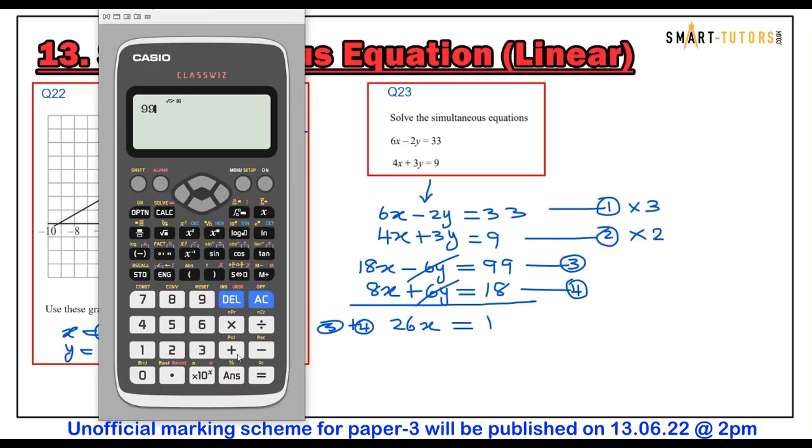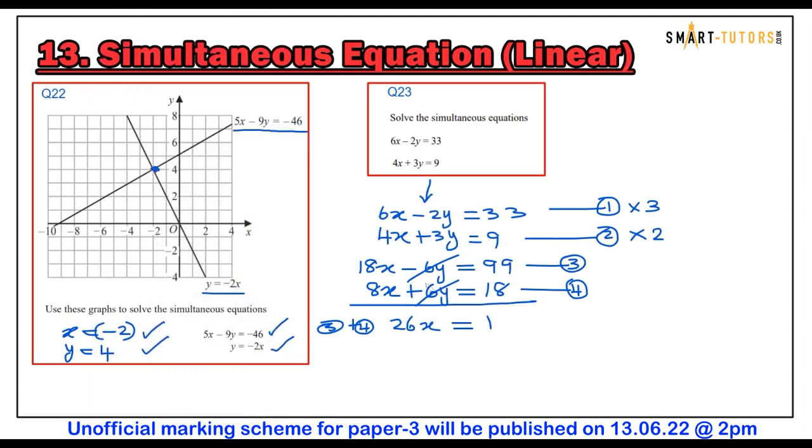So 99 plus 18 is going to be 117. So x equal 117 divide by 26. It is a calculator paper. So that is 9 over 2. So this is 4.5. Now you can find the y by substituting.